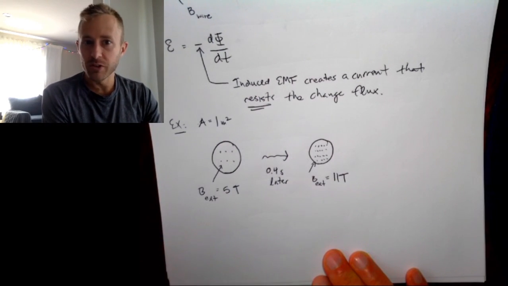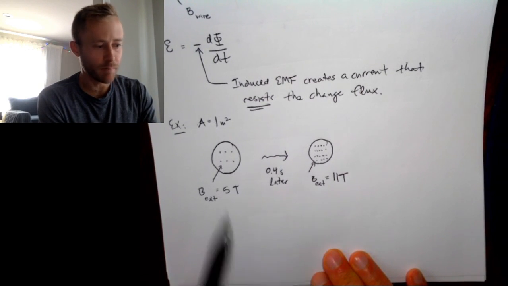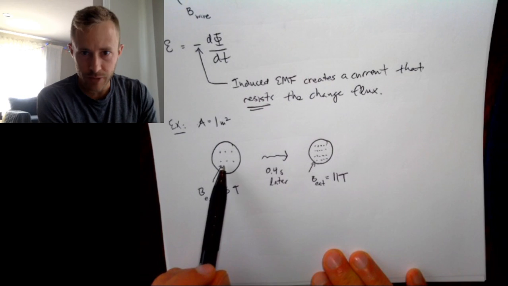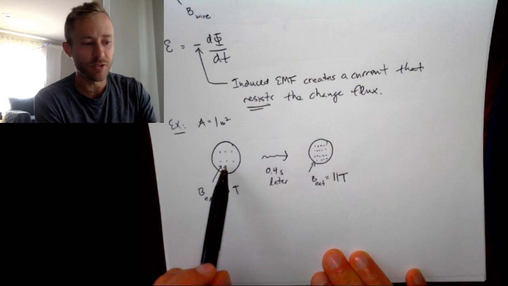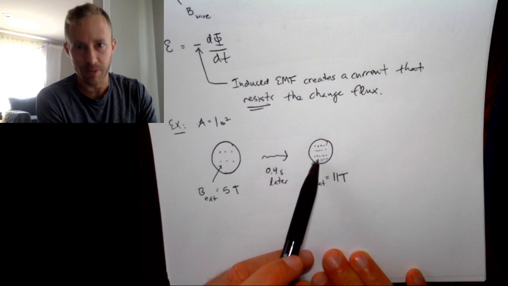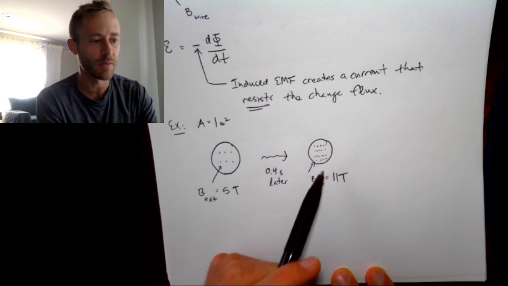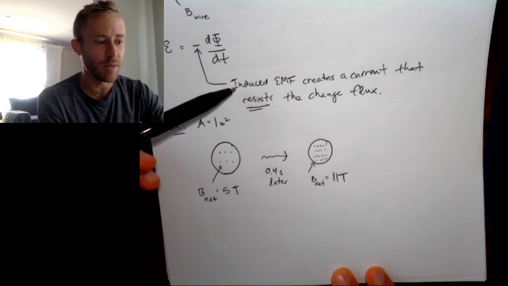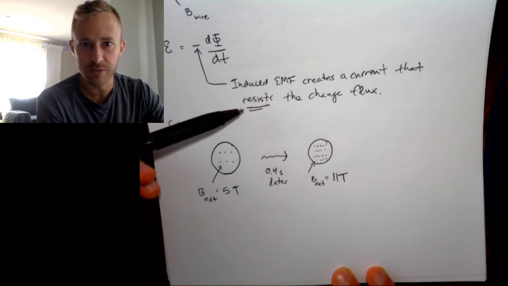We want to figure out what is the direction of the induced current. Well, the field was going out of the page, and now it's even more out of the page. So the direction of the change was out of the page. We know that the induced EMF creates a current that resists the change in flux.